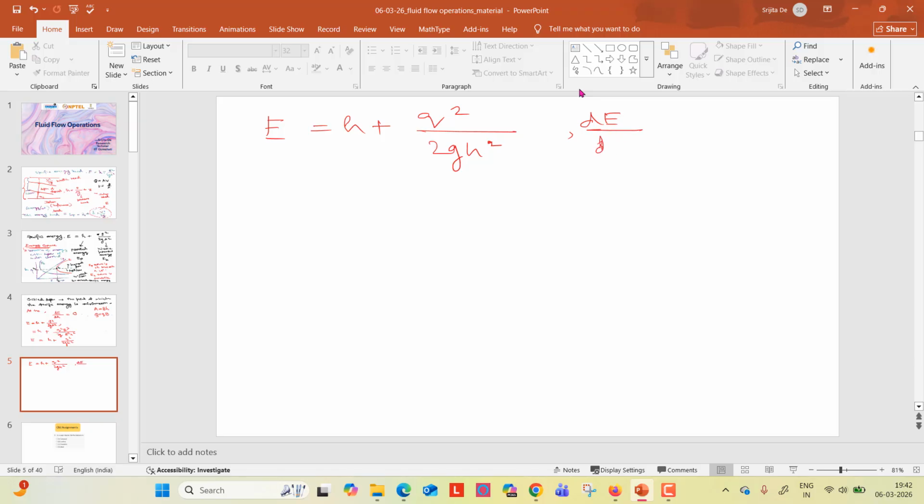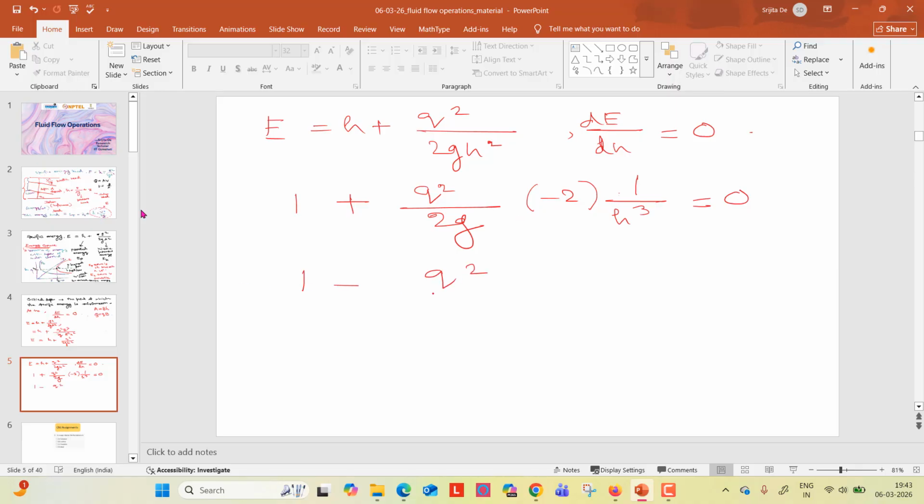Yeah. So now we are finding the critical depth. So dE by dH equals 0. Now we are differentiating. So it will be 1 plus small q square by 2g will be your constant. So it will be H to the power minus 2, but basically minus 2 by H cube equals 0. So now what is coming? 1 minus q square, 2 will be cancelled out, by gH cube equals 0.